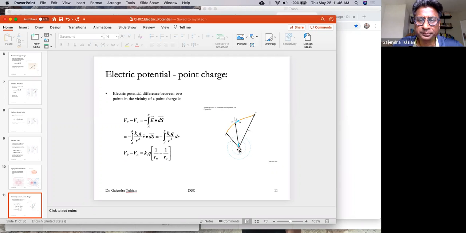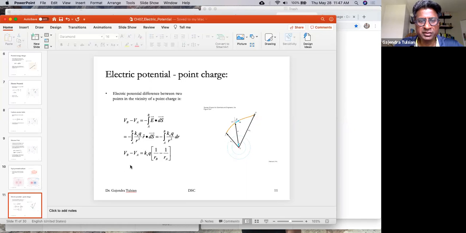So if that's the point charge, the r hat vector is always pointing radially outwards. If you do this line integral, what you find is this: VB minus VA equals KQ, where Q is the charge of that particle, RB is this distance, and RA is this distance.